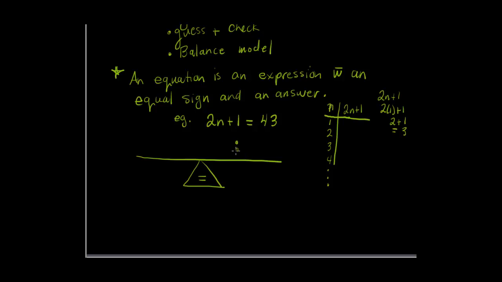And over here we have 1, 2, 3, up to 43. So I have 43 objects over here.